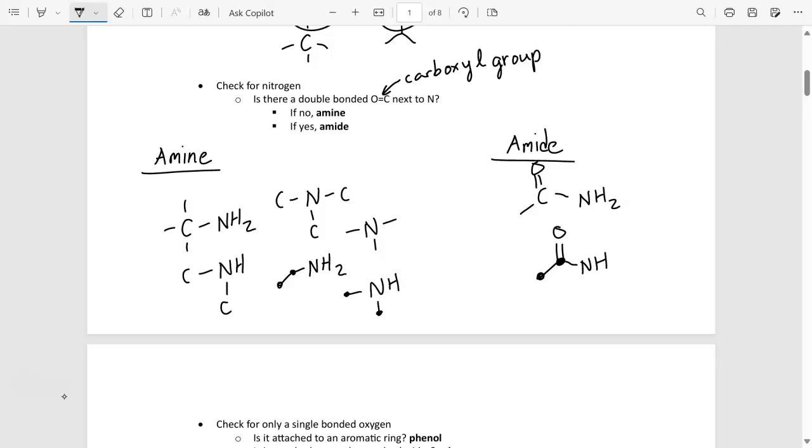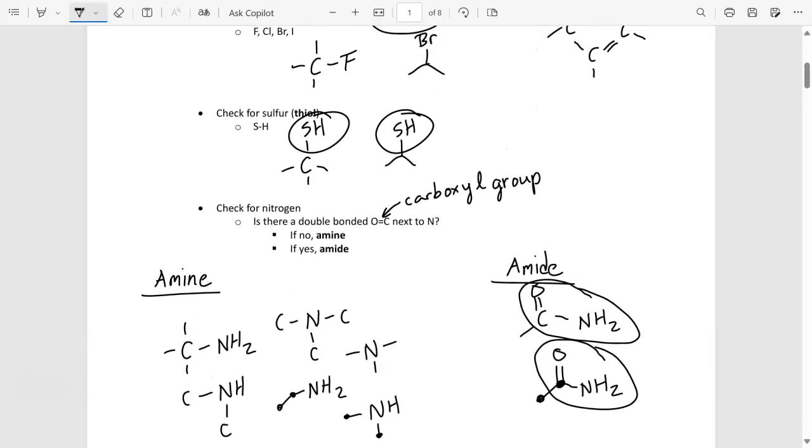Okay, but it's the fact that the carbon that has the nitrogen attached to it also has a carboxyl group, a double bonded oxygen. That's what makes it an amide. And of course, that should be NH2. We could have that nitrogen attached to multiple carbons. So this will be my last example. We could have that nitrogen attached to 3 different carbons, as long as one of those carbons had that double bonded oxygen.